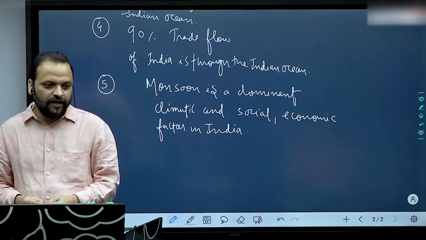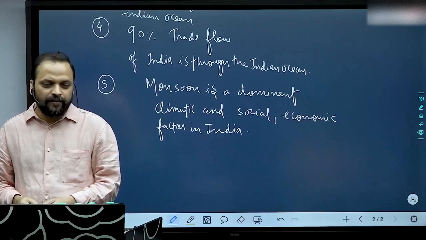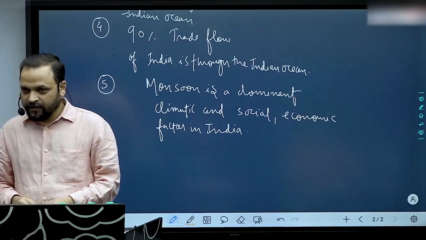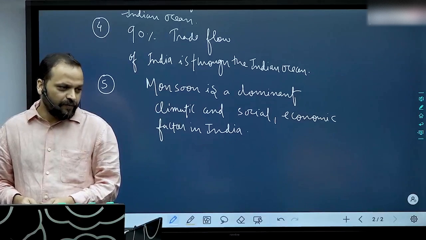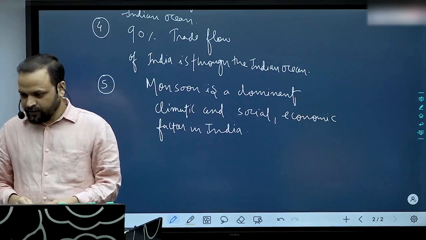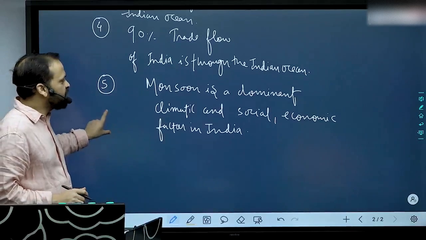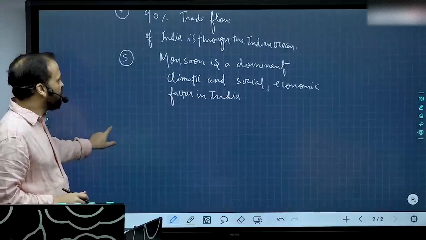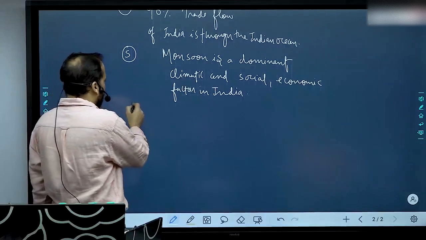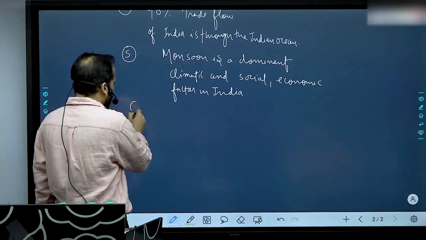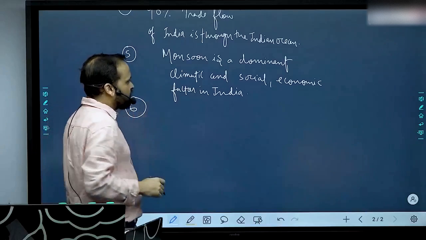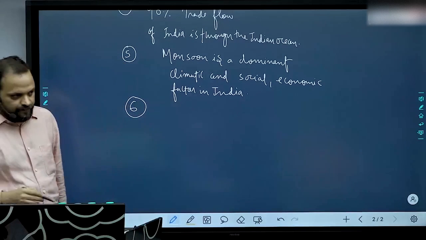And then we start talking about feminization of poverty, feminization of agriculture. So all these can be linked, right? If you have a sense of how to link them, not making an unnecessary connection, but a correlation. So that is why the Indian Ocean is important.